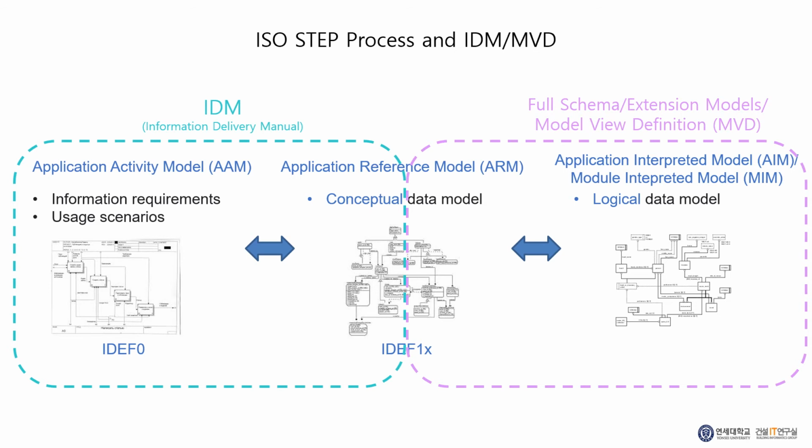Technically speaking, AIM can also be a full data schema such as the IFC schema, and an extension model such as the IFC bridge extension model, as well as a model view definition, MVD. Also, an application protocol is closer to an extension model than a subset model such as MVD. Since the topic of this presentation is the history of IDM and MVD, I'll simply focus on MVD.